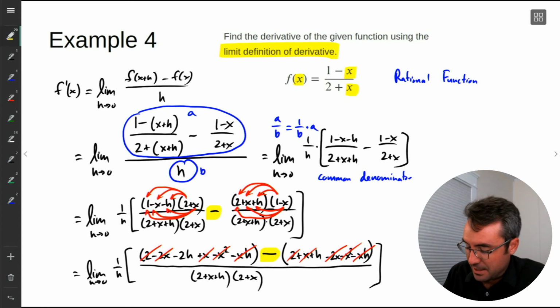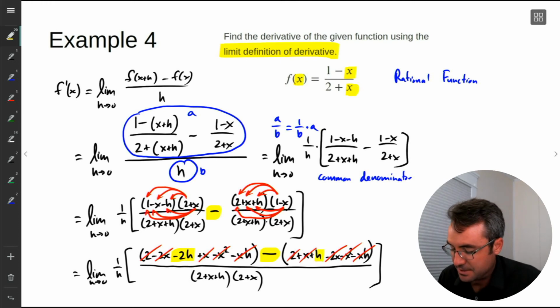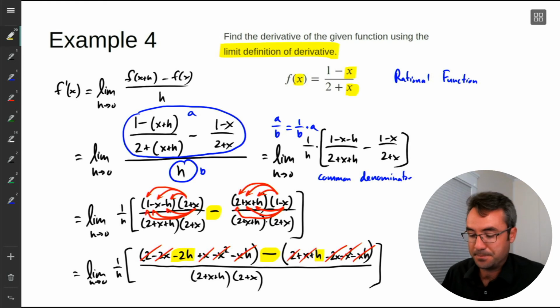Everything that's left, I have a negative 2h right here, and this h right here, and I'm subtracting. So all we end up with is a negative 3h in the numerator once we simplify this down. I have a negative 2h minus a positive h. That gives me negative 3h.